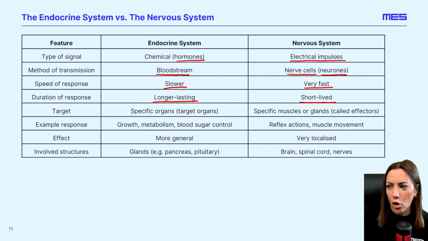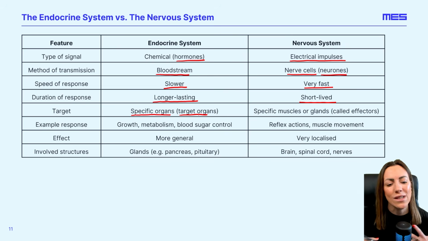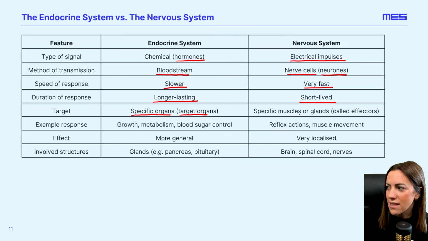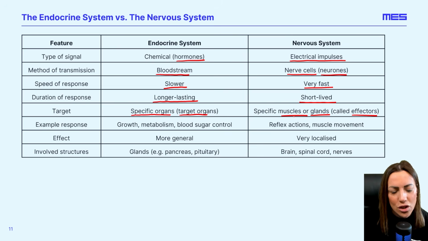Endocrine system, the hormones target specific organs or target organs that have the receptors for the hormone on their surface, whereas the nervous system targets effectors, so glands or muscles. Examples of responses, well, the endocrine system, we're going to look at blood sugar control, blood glucose control.